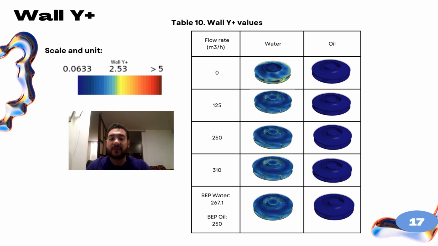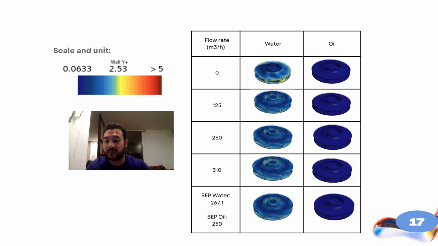There is a clear relationship between flow rate and viscosity in wall Y plus. As flow rate increases, wall Y plus rises, but this effect is more pronounced in low viscosity fluids. In highly viscous fluids, energy dissipation and lower friction velocity keep wall Y plus constantly low.